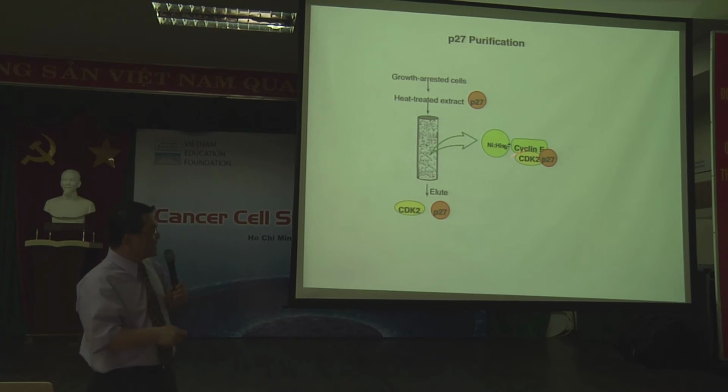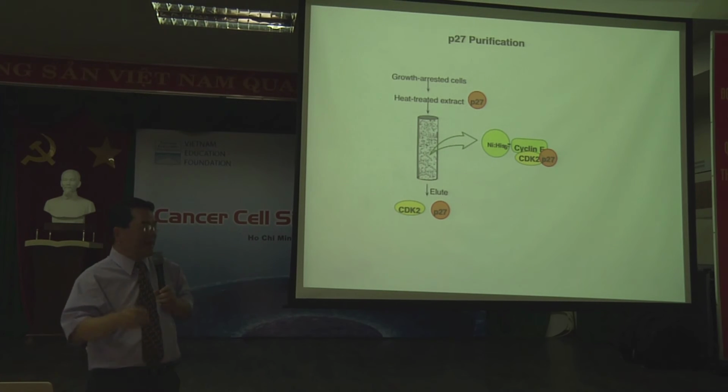This affinity column has the cyclin E-CDK2 complex on it, because we are looking for cyclin E-CDK2 associated proteins. So we pass the extract through this affinity column. All molecules, potential molecules, that bind cyclin E-CDK2 will be stuck there, right?